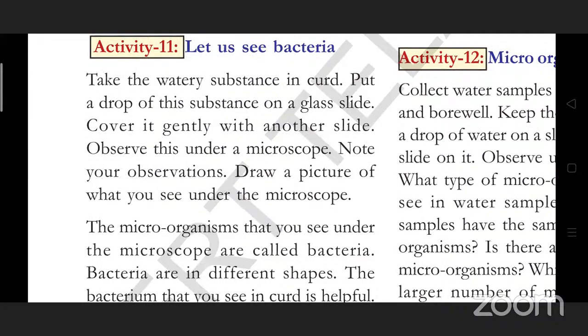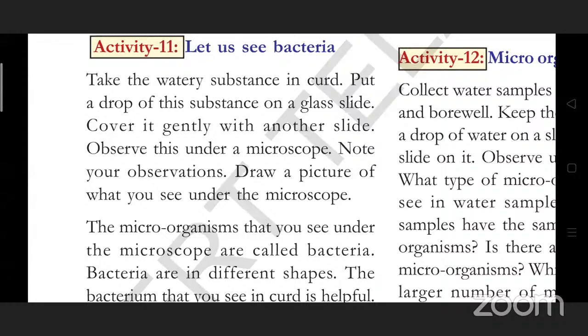Children, concentrate here. So why are we adding a sample of curd to the warm milk? For identification, first we take that watery substance in curd, the substance that flows above the surface of the solid curd.